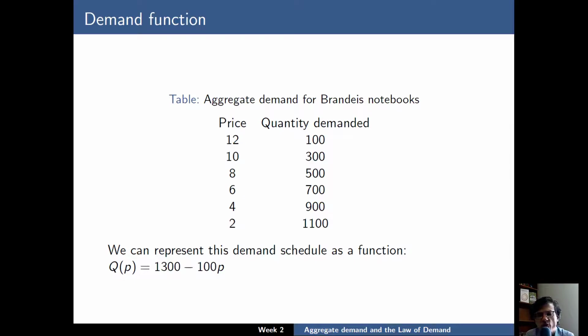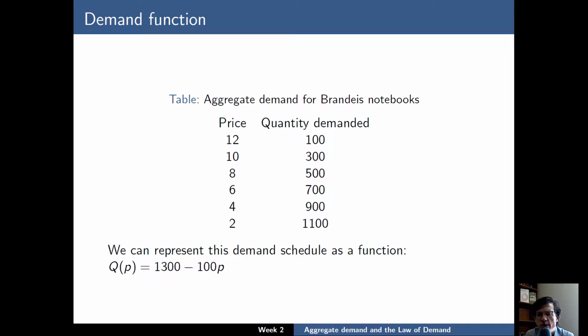Now, one of the things I want to show you is we can represent this demand schedule as a demand function. And that's what we have at the bottom. If we take a price P and plug P into this function down below, then we would get the aggregate quantity demanded. So, for example, if the price is 4, 1,300 minus 100 times the price of 4 is 1,300 minus 400, which is 900, and that matches exactly the demand we have in our demand schedule.